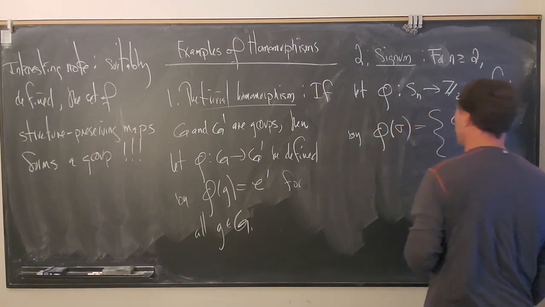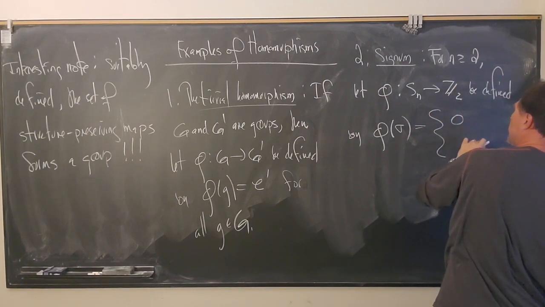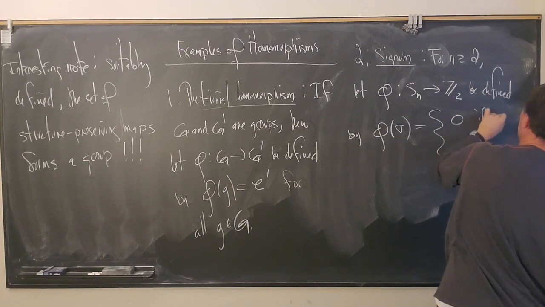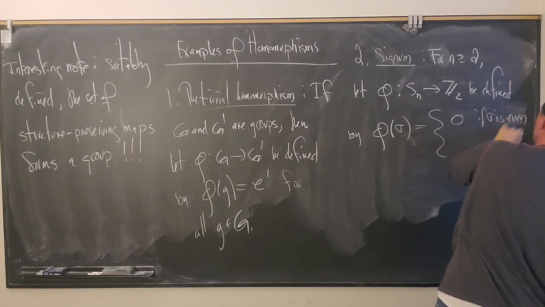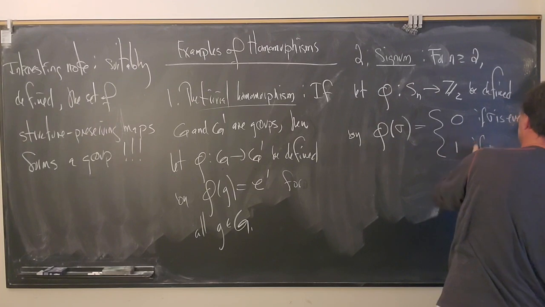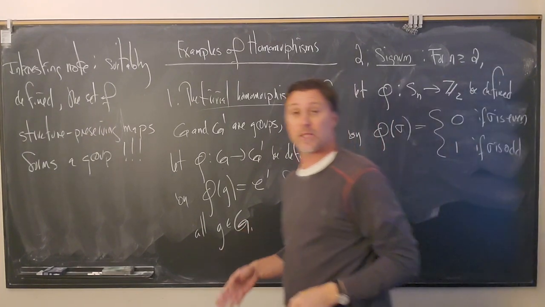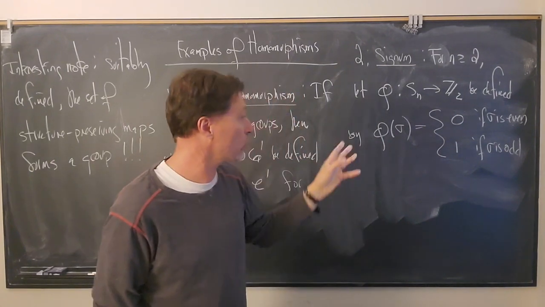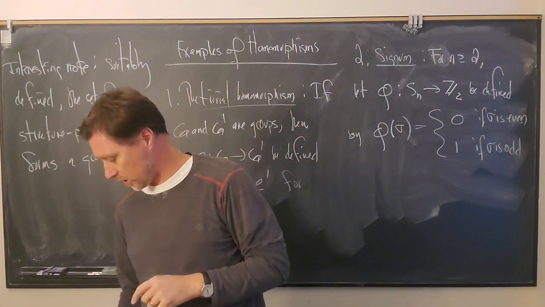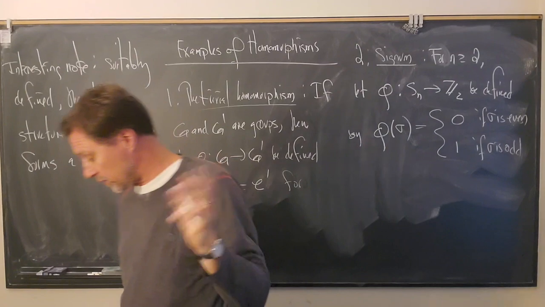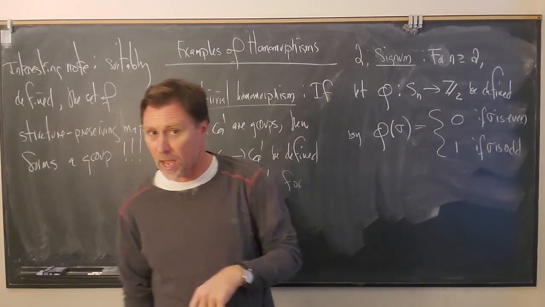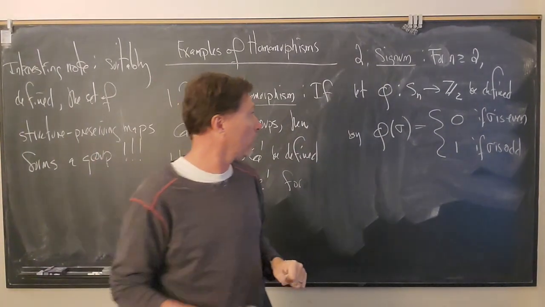It'll either be 0, if sigma is even, or 1, if sigma is odd. When I say even or odd, I mean expressible as an even number of transpositions or an odd number of transpositions, exactly what we talked about before. It turns out that this is a homomorphism, and you should verify this. You should go through the details.